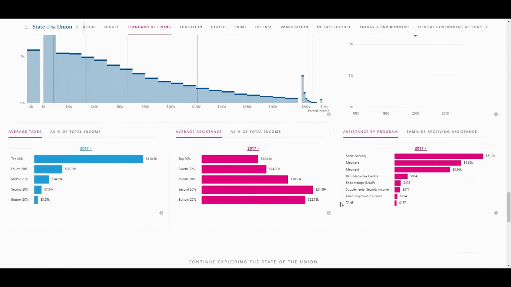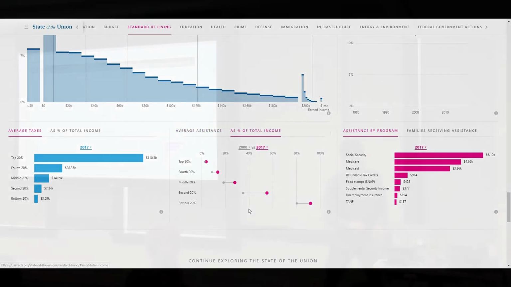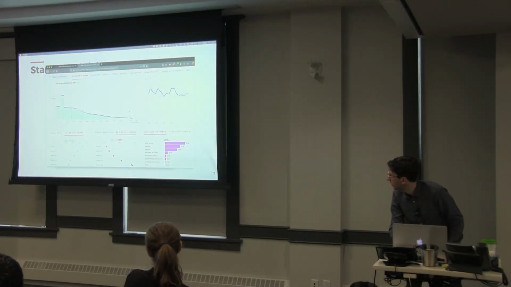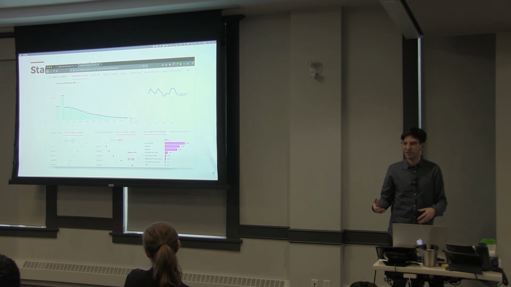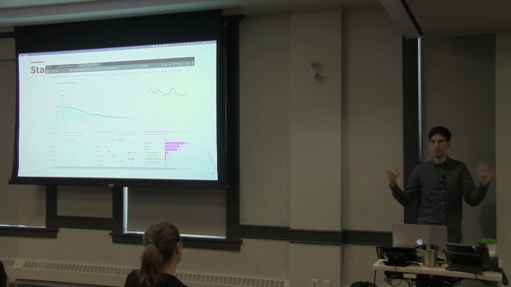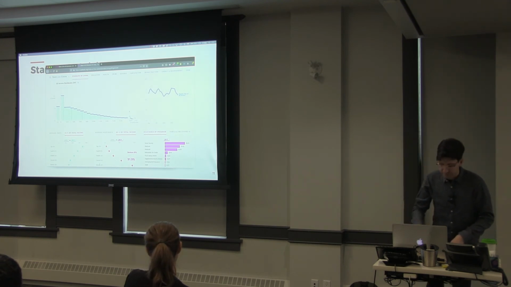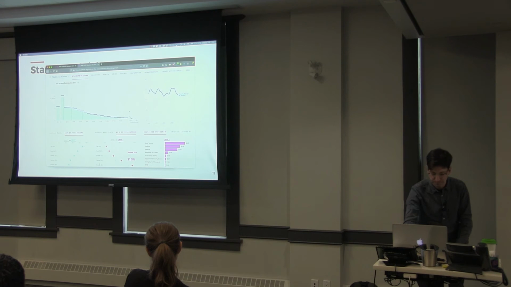So down below here, we have sort of a summary of that tax information, and we also have these assistance and taxes as a percentage of income. So these guys, the bottom 20%, their sort of effective rate is that 91.9% of their income comes from government assistance. Okay, that's standard of living.